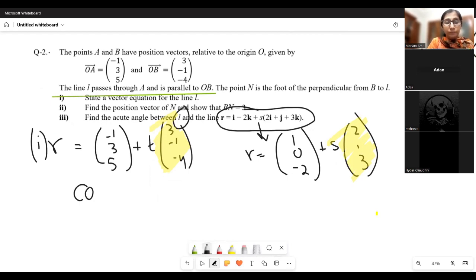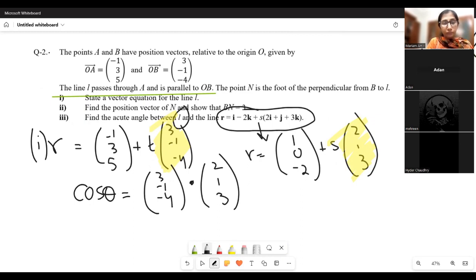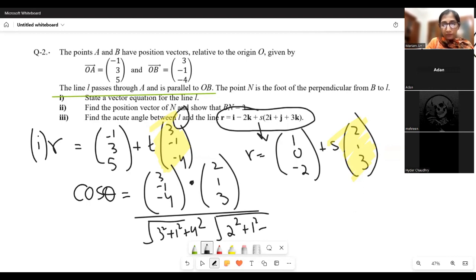Cos theta equals (3, -1, -4) dot (2, 1, 3) upon the magnitude of both of these: square root of 3 squared plus 1 squared plus 4 squared times square root of 2 squared plus 1 squared plus 3 squared.